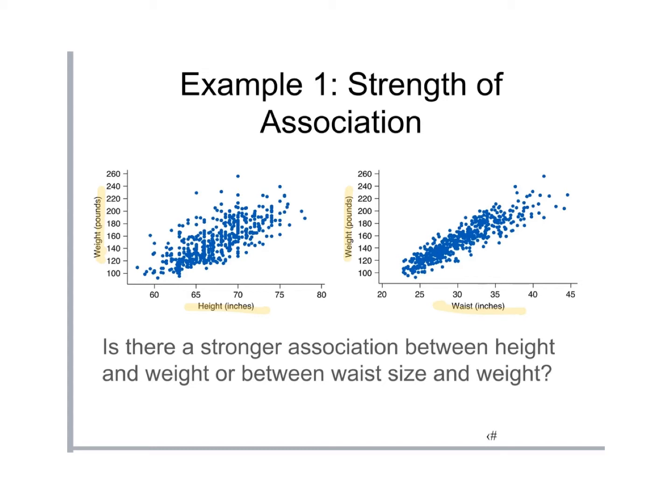Based on the 2 graphs, weight tends to have more of an association with waist size than with height. In the second graph, the clusters are more together and show more of a linear pattern. The first one does show a linear pattern with some association, but the second graph is stronger.